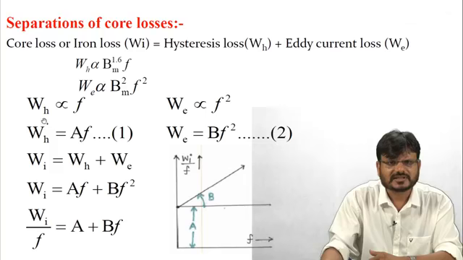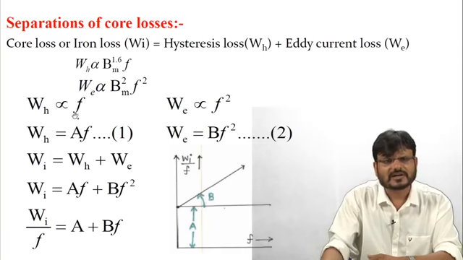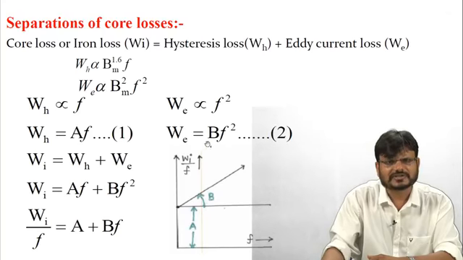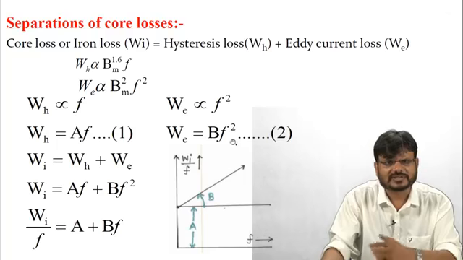So WH is directly proportional to the frequency. Replacing the proportional constants, you can write WH equal to A f and WE equal to B f square.